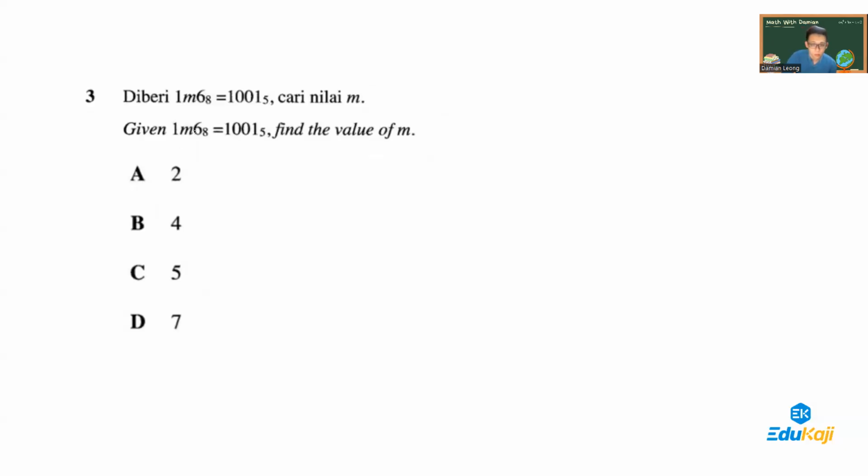Question 3. To compare this, I need it in the same base number. So I convert the base 5 to base 8. Converting from base 5 to base 8, first we change to base 10. So power 0, 1, 2, 3. So that's 5 to the power 3 plus 1 times 5 to the power 0, which is just 1. So it is 126 in base 10.